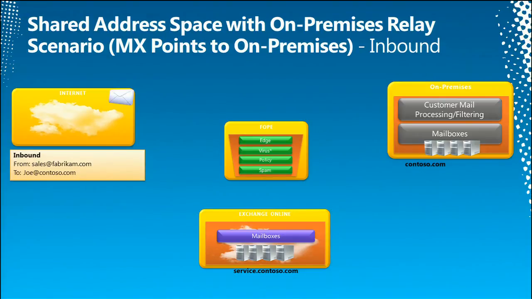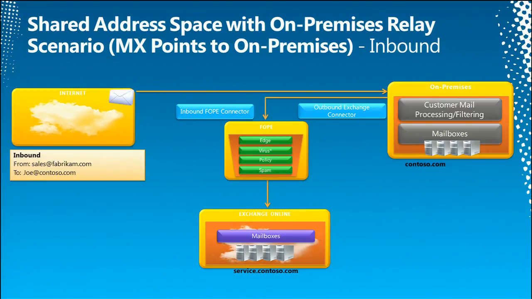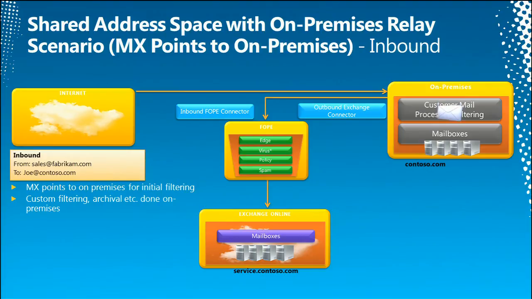This is if you're an on-premise customer and you've decided to configure mail flow with Exchange Online. So your MX record still points on-prem. You create your outbound send connector for your own domain to route to FOPI. Inside of FOPI, you create an inbound FOPI connector. Mail passes that on-premise system, does any filtering, and decides, hey, is the mailbox in Exchange Online or is it on-premise?